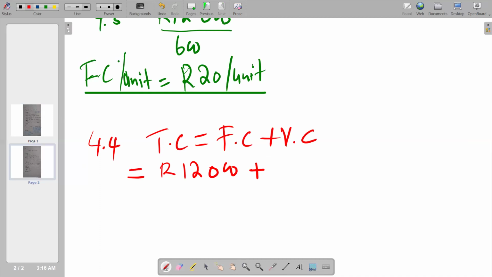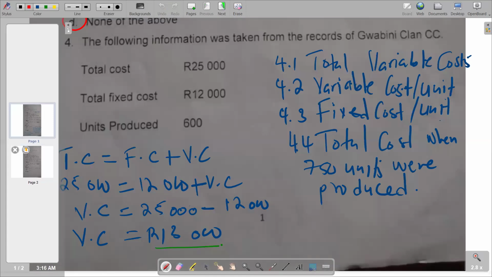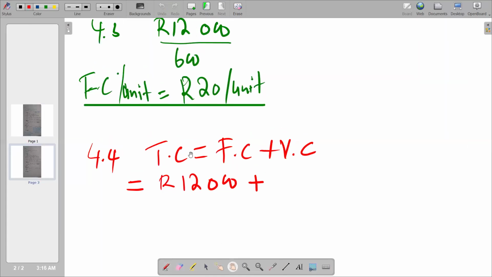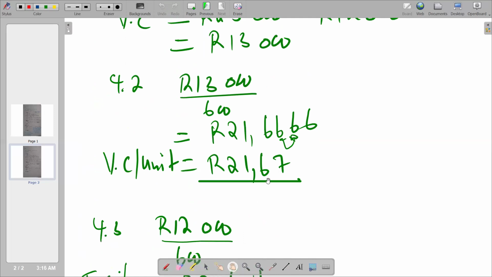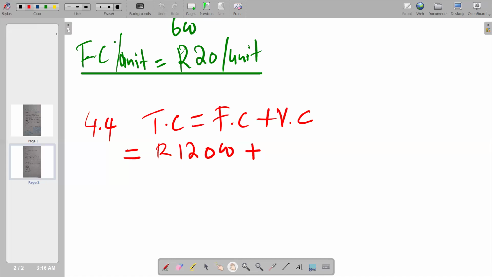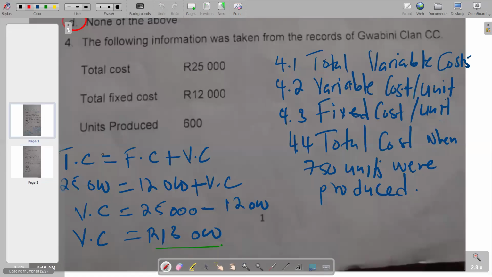Remember the variable cost per unit, we calculated it on 4.2, and we got 21 rand 67 cents. So in brackets, 21 rand 67 cents times number of units. In this scenario, we are given 750, so we multiply by 750.